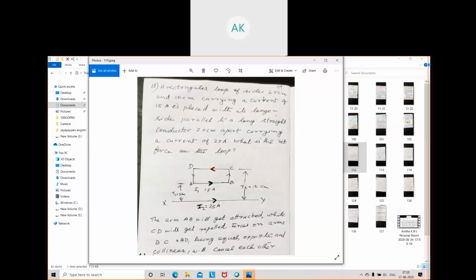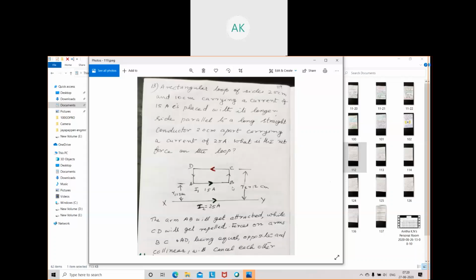So this is the longer side of the rectangular loop, and this is the shorter side, the breadth of the rectangular loop, carrying a current of 15 ampere. First you have to draw the rectangular loop, and then you can mark the current 15 ampere close to the AB part of the rectangular loop.